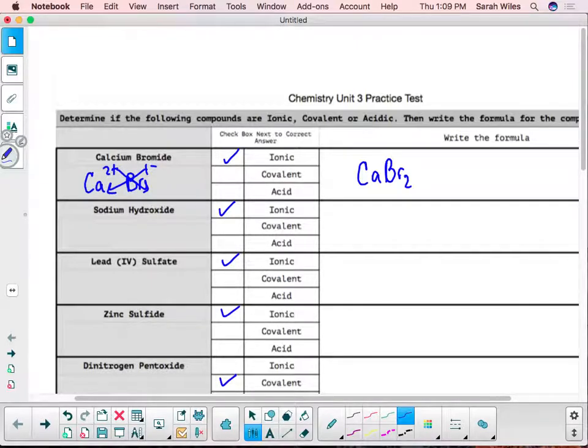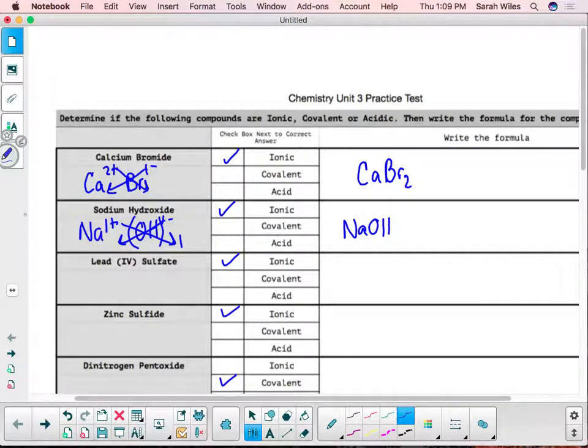Sodium hydroxide. Sodium is in the first group, Na 1 plus. Hydroxide is a polyatomic ion, OH 1 minus. When you drop a charge on a polyatomic, make sure you put it in parentheses. This time we're dropping a 1. We don't write 1s, so in this case we don't need the parentheses, okay? Since there's no subscript, I don't need the parentheses.